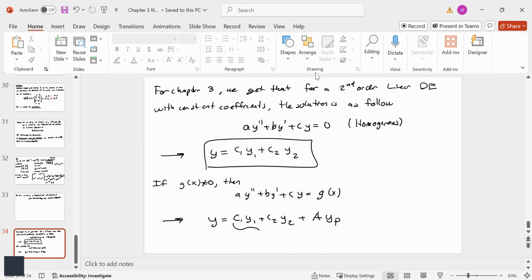And so this right here is going to be the homogeneous, and this is going to be the non-homogeneous.